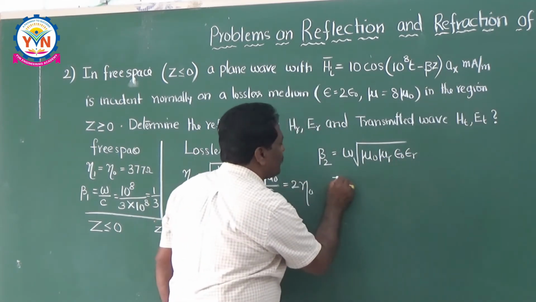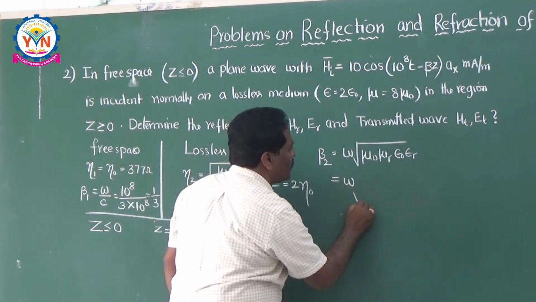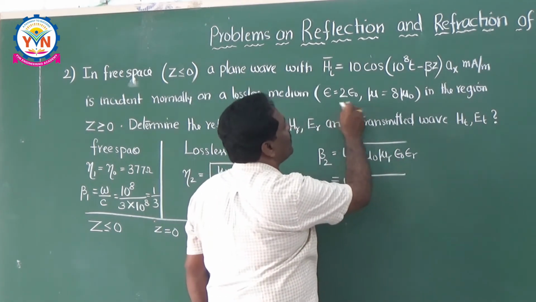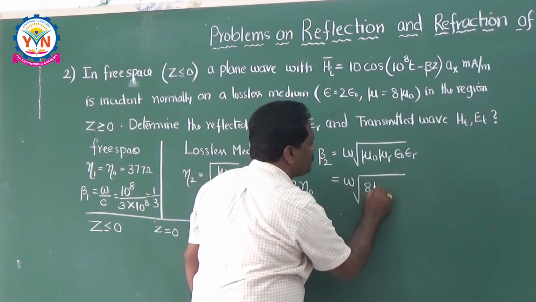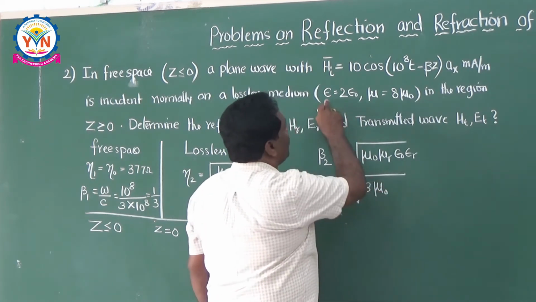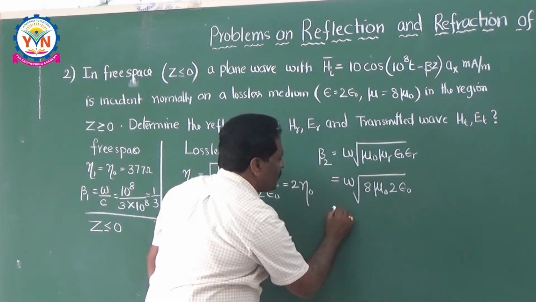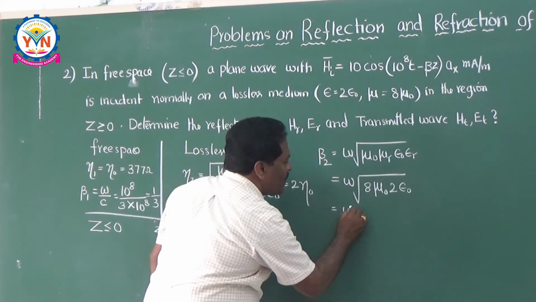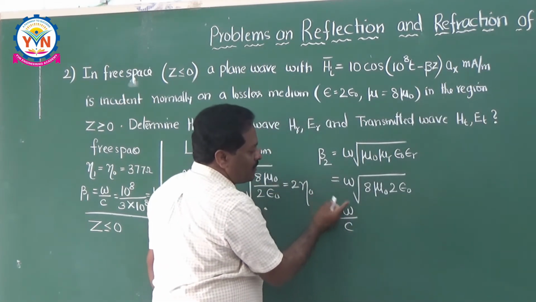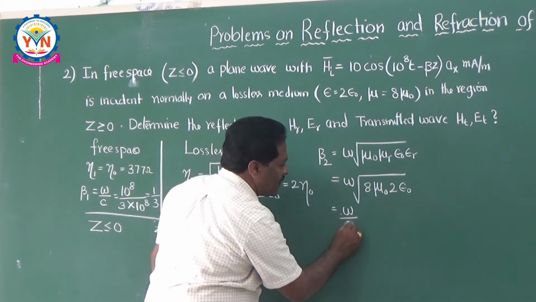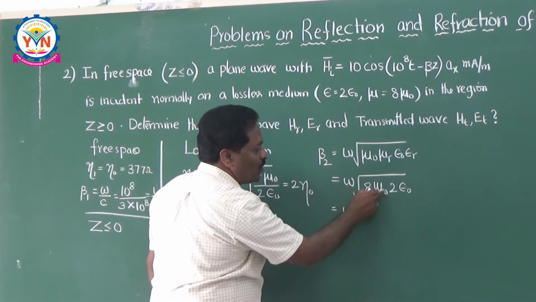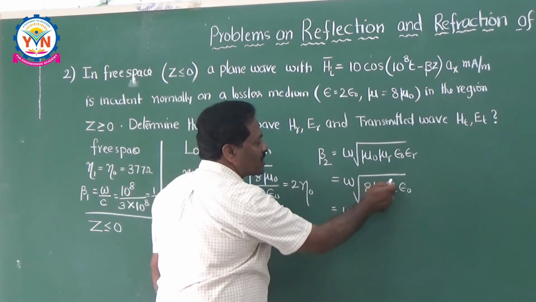Here mu is 8 mu naught and epsilon is 2 times epsilon naught. So that is equal to omega by c, where c is the velocity of light, 1 by root of mu naught epsilon naught, into root 16.